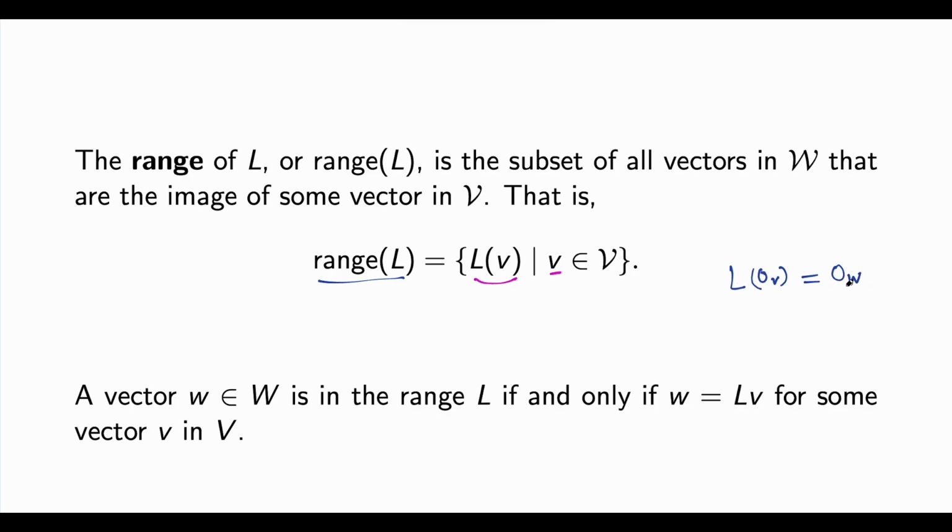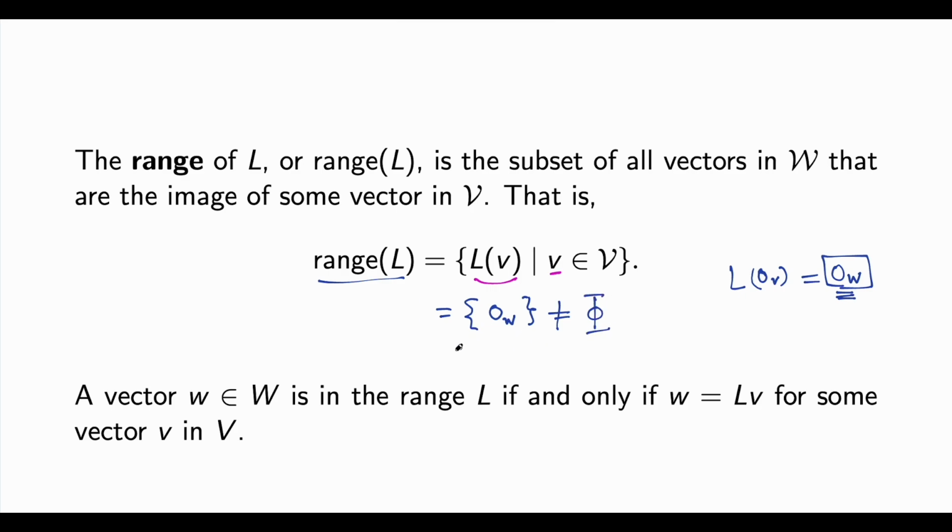This is always true for a linear transformation. So you will always find this vector: L of 0 V is nothing but 0 of W, right? So this set consists of this vector always. You got my point or not? Okay, so this set is non-empty, we are trying to say.